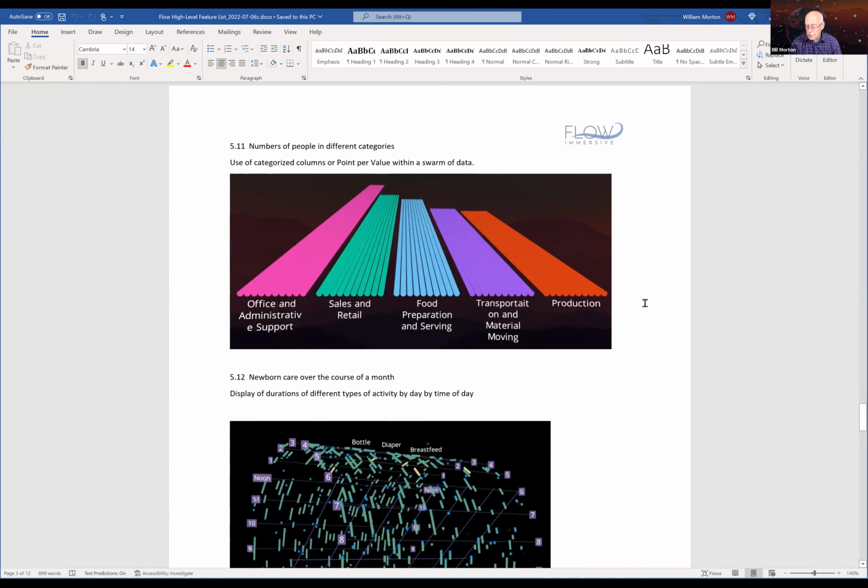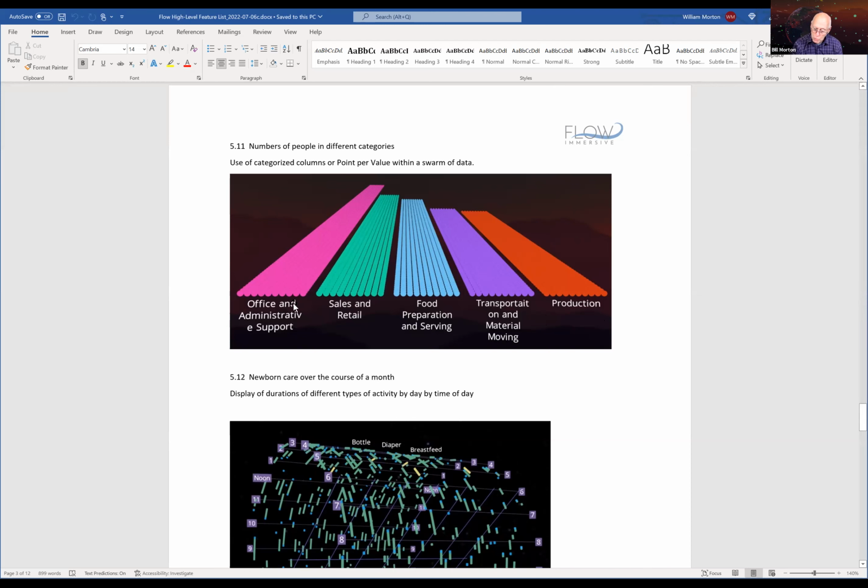Now, there are various ways of expressing values, and they each have different visual effects. A scatter plot typically takes a single point and displays it over time, and we've seen some of those charts in this presentation. There are other ways too, though, of expressing volumes. This particular chart shows the number of people who are involved in different categories of a service industry.